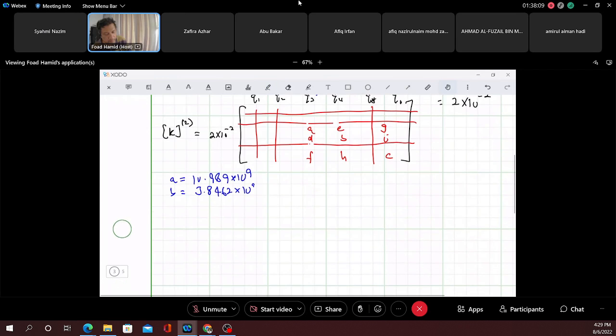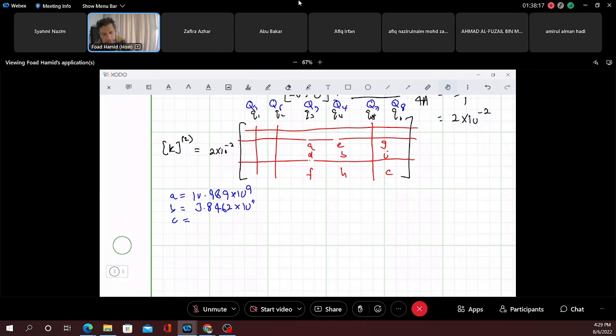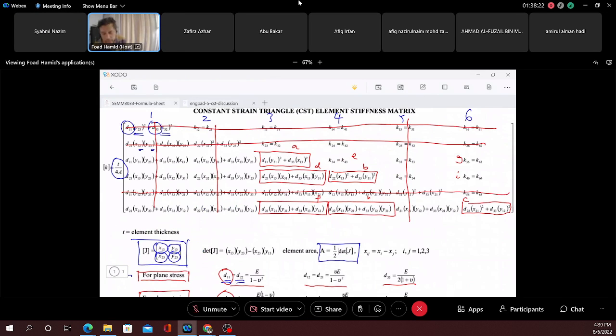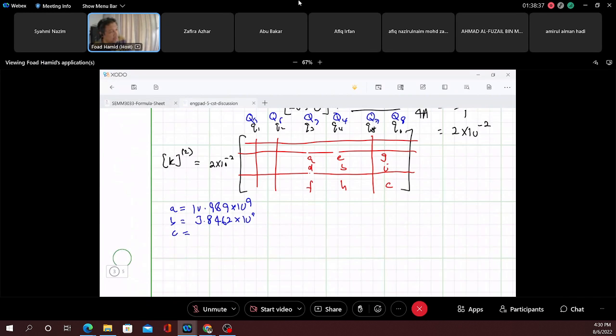And C equal to, okay, note that A, B, C has two terms. It's two terms, two terms, two terms, two terms. Everything is at least two terms. Okay, so C is again the same thing here, 6.5935 times 10 to the power of 9.